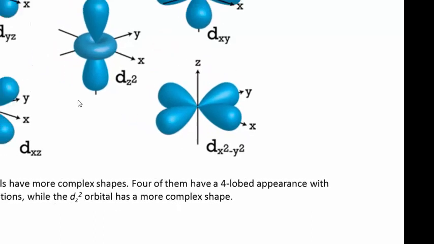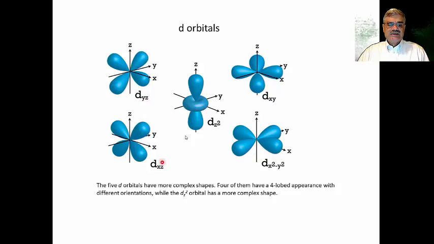The 3 other orbitals called dyz, dxz, and dxy also have 4 lobes and a node in the middle. But in these cases, the lobes are offset from the major axes.